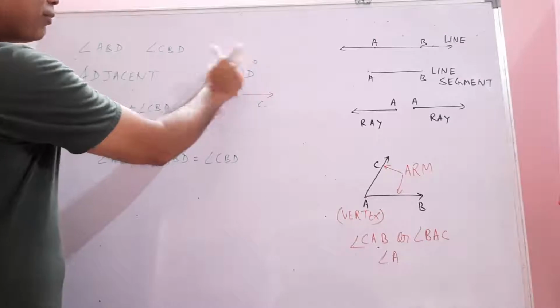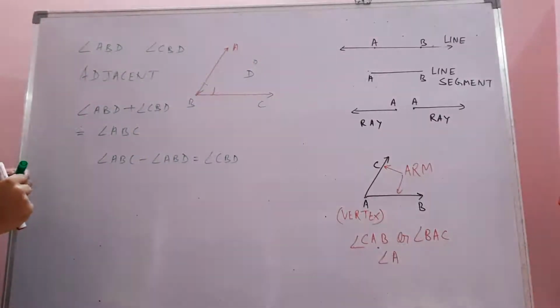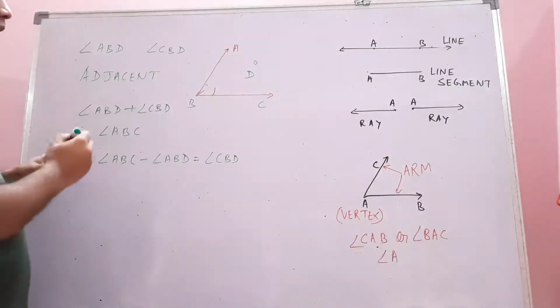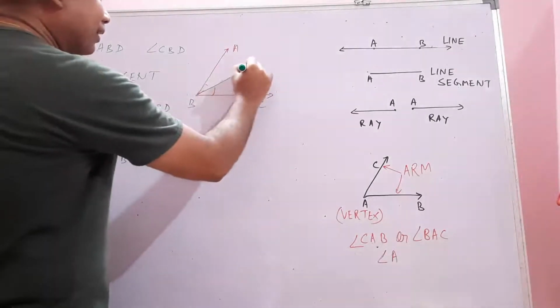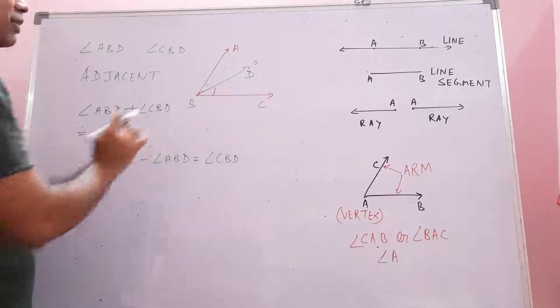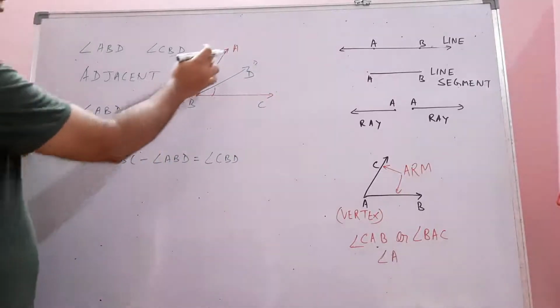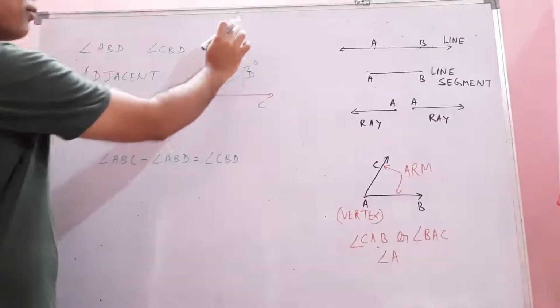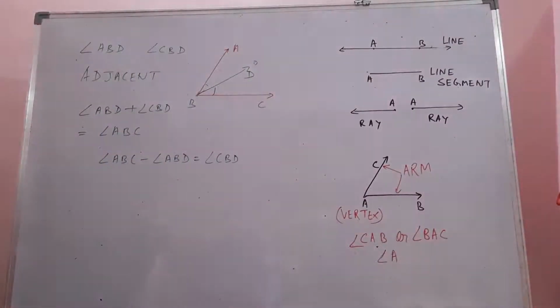When we add, you just remove their common arm. The answer is ABC. Next, if you subtract one of the angles from ABC, say angle ABD or angle CBD, then you remove the non-common arm. Whatever is left, that is the answer.